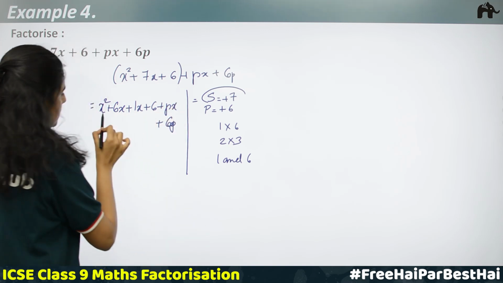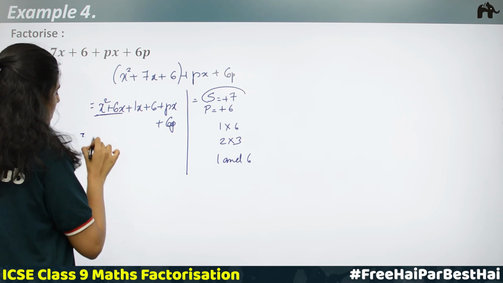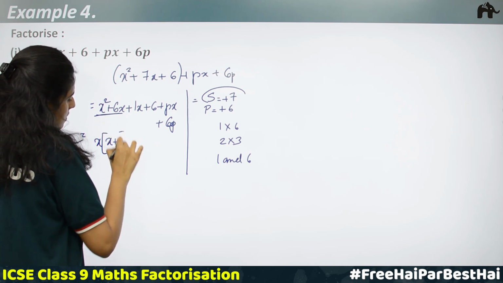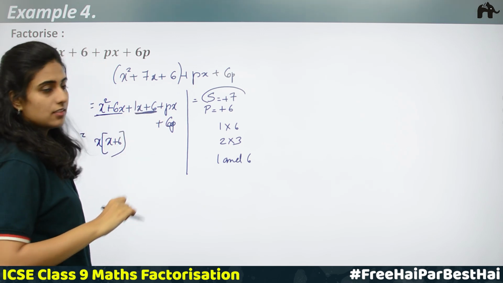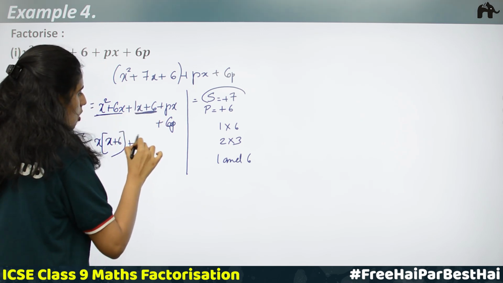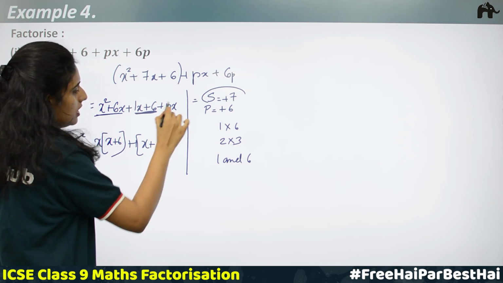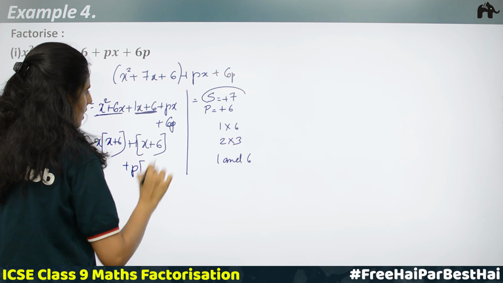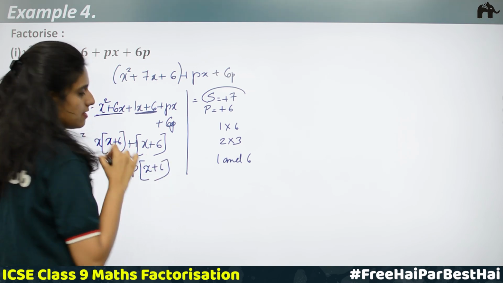Okay. Now, from this part, you can take common. X is common. So, taking out x. Remaining, we have x plus 6. Okay. Now, from this part, we have only 1 as common inside the bracket x plus 6. So, here in these two terms, what is common? P is common. So, taking out P, then you will be having x plus 6.